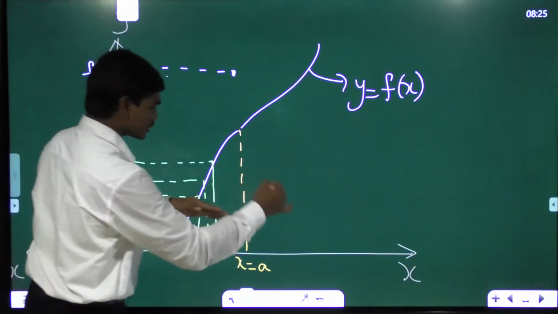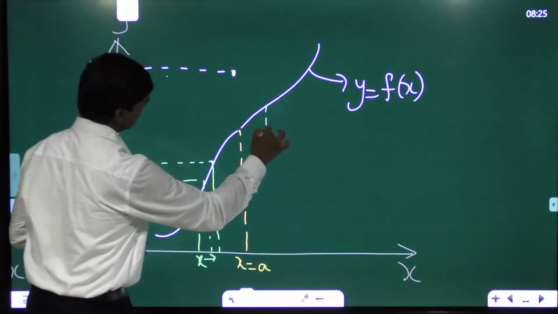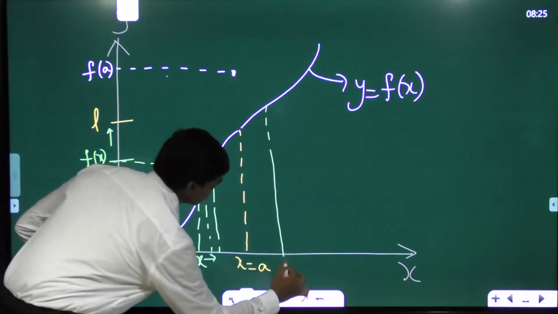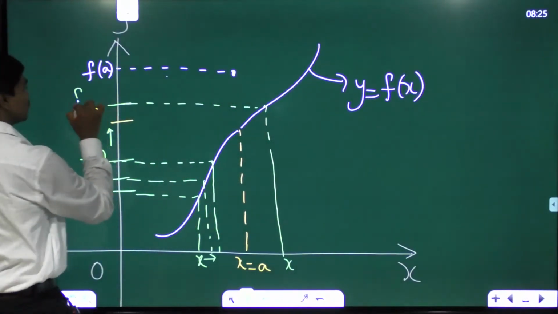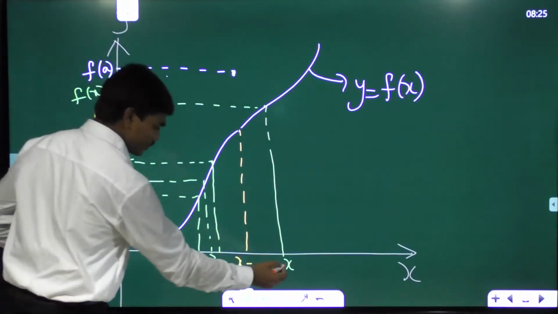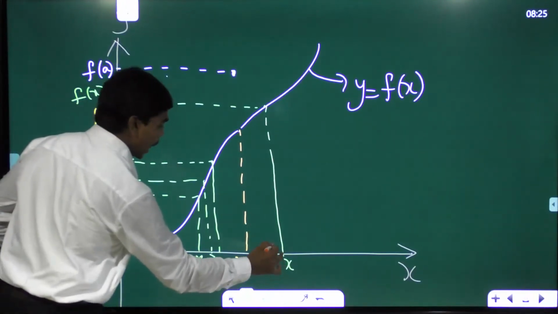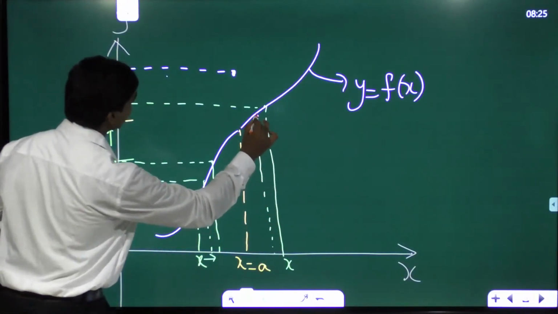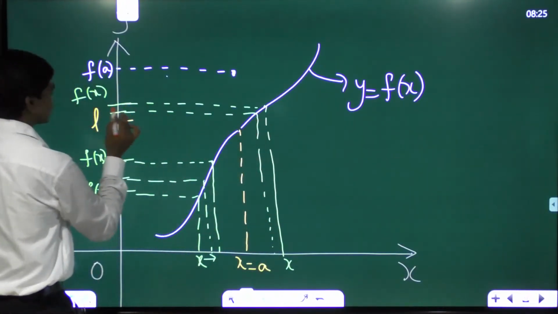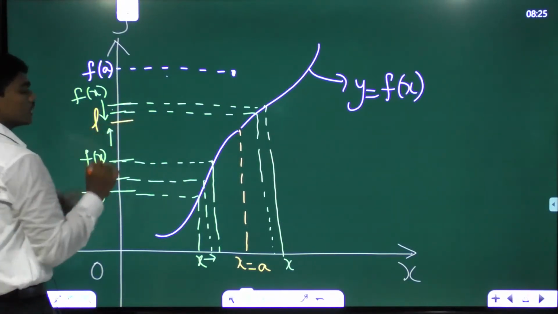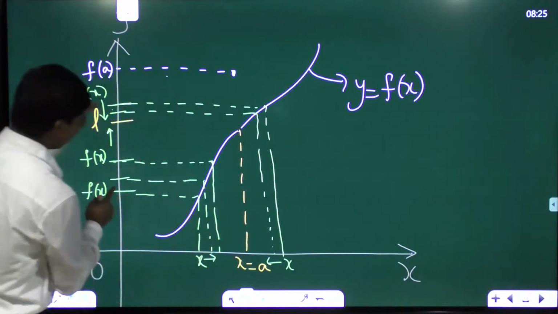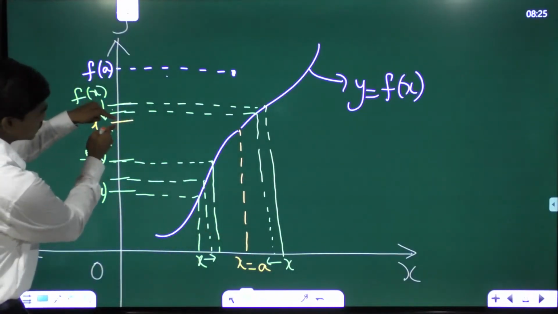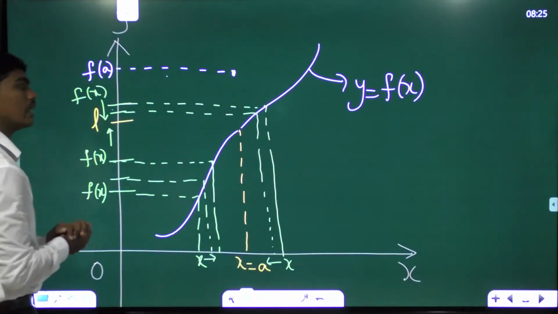Correct? Similarly, on the right hand side, if this is your x initially, then this is your f of x. Now, if you start moving your x towards a, this is again f of x, which is coming down towards L. So, in both the instances, as x is coming towards a, this f of x is moving towards this yellow line, which is the value L. Correct?